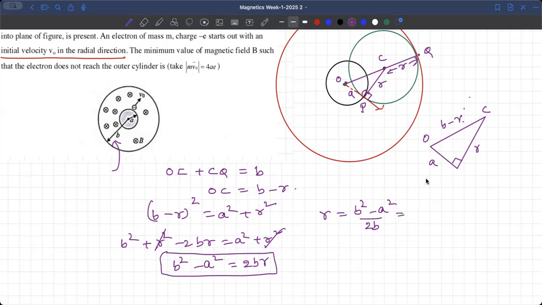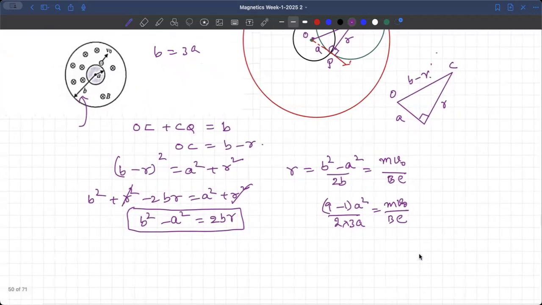According to me, R is mv naught by BQ, and you said the charge is e, so mv naught by Be in this case. Now you substitute B as 3A: (9 minus 1) A square by 2 into 3A is mv naught by Be.